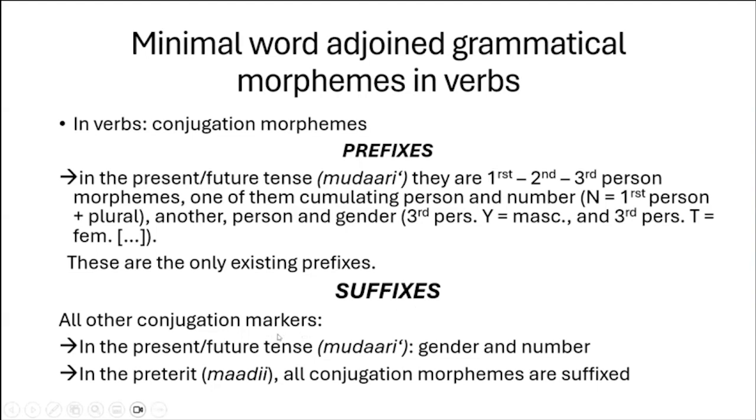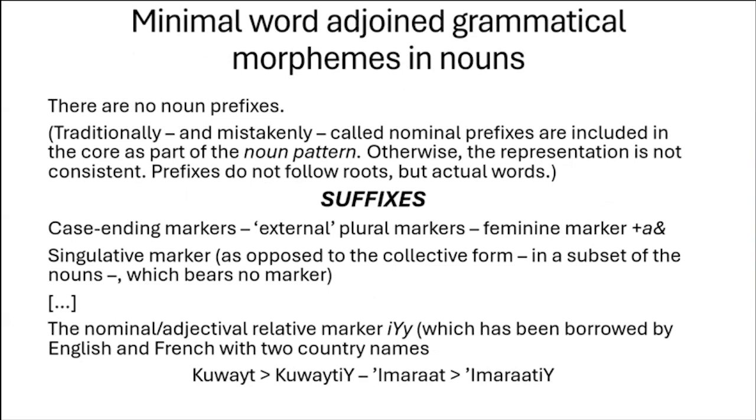Suffixes are conjugation markers in verbs, and you can also see that proclitics are different between verbs and nouns. They're not the same. For instance, you can have verbal conjunctions before a verb, and you can have a preposition before a noun. In nouns, you have no noun prefixes, as I have just mentioned, and there are suffixes.